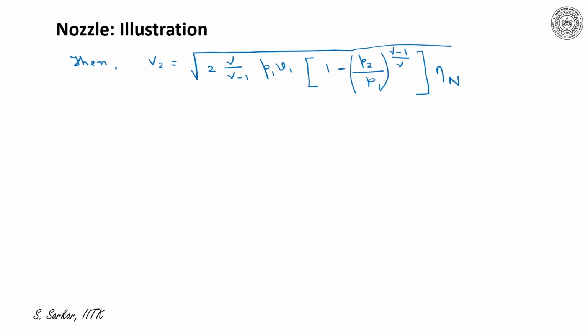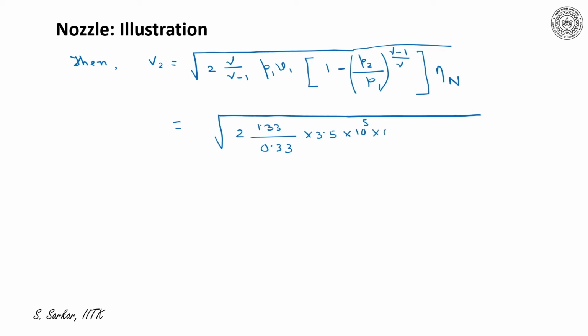I know all the values. If you put all the values, you will get, I'll show here in detail, that is 2 into 1.33 divided by 0.33 into P1, that means 3.5 into 10 to the power 5, into V1, 0.55, within the bracket 1 minus P2 is 1 bar, 1.0 divided by 3.5 to the power 0.33 divided by 1.33, into nozzle efficiency 0.94.